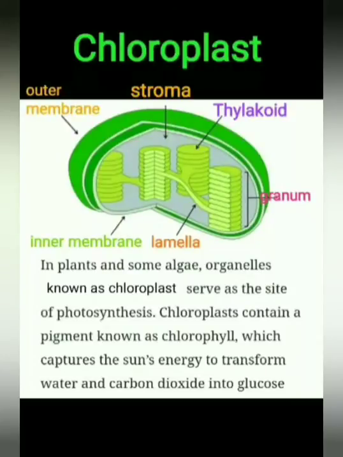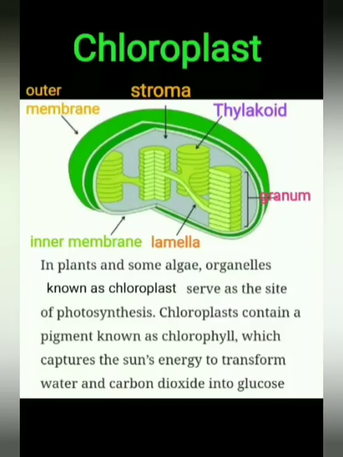Chloroplast. Before explaining chloroplast, first of all I would like to explain plastid. Plastids are the cell organelles present in plant cells and absent in animal cells. Plastids also contain ribosomes and DNA like mitochondria. Plastids are of three types: chromoplast, chloroplast and leucoplast.